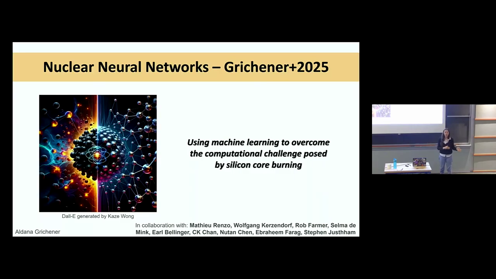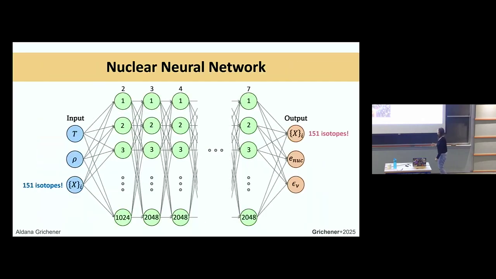And the way that we do it is that we design this deep feed-forward neural network framework, which basically feeds between the input and the output layer. We have as the input the temperature, density, and composition of a burning shell.